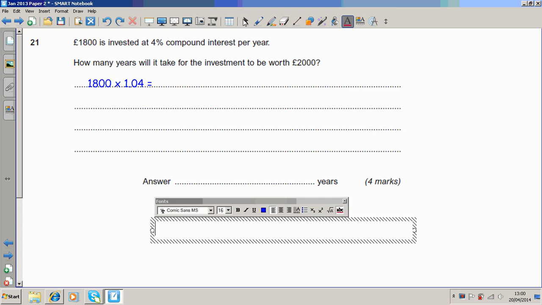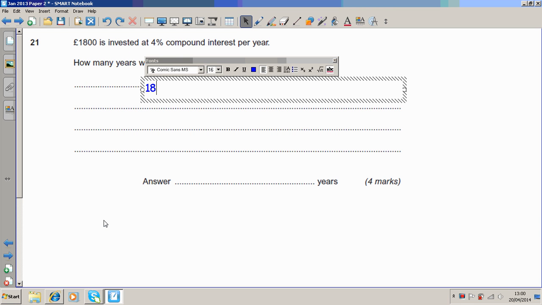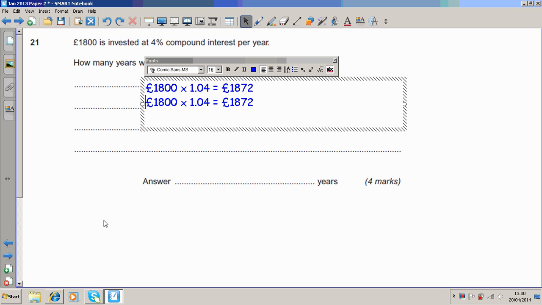So after 1 year, we've got £1,872. And after the next year, I'll times by 1.04 again.